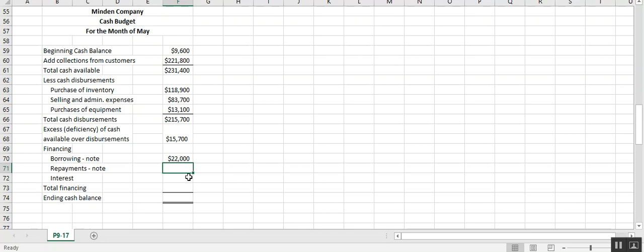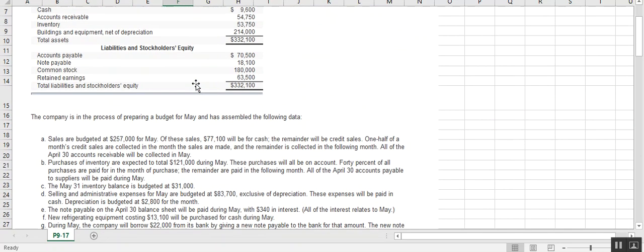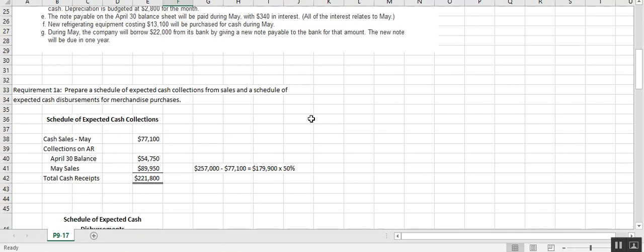And our repayments was the other one that we looked at, so that's E. So we've got a note payable with $340 interest. So the $340 interest is a cash outflow. And the note, it doesn't tell us how much it is here, but we should be able to find that on our balance sheet. So there's our note payable of $18,100.